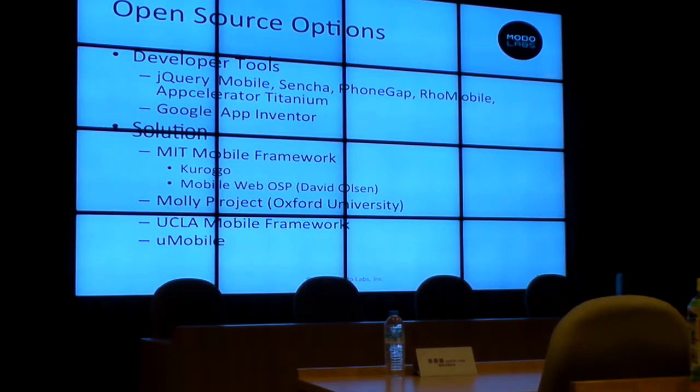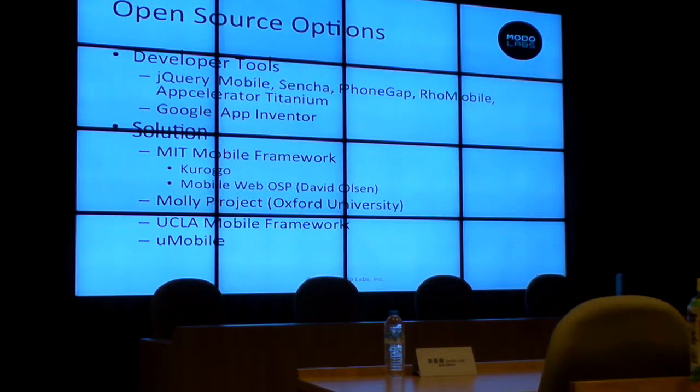So that was actually a good thing, and there are some universities out there using that. Oxford University has something similar called the Molly Project. I think some of the other universities are using that particular solution. So just take a look. UCLA Mobile Framework: I think they copied MIT's framework, and a lot of the language is similar, but they took it in a slightly different direction.